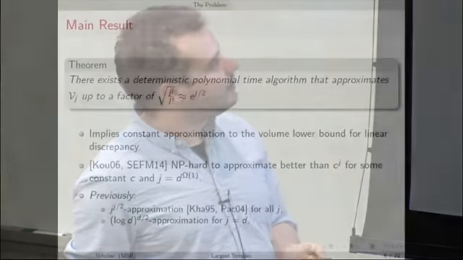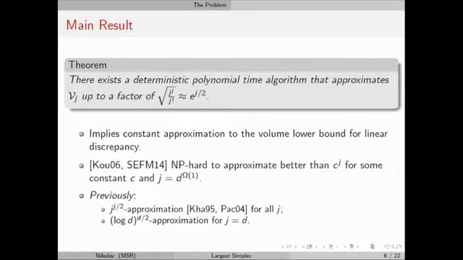Okay, so let me move to the main result, unless there are more questions. Here's what I prove in this work and what I'll talk to you about. I'll show that there exists a deterministic polynomial time algorithm that approximates the volume of the largest j-dimensional simplex up to a factor which, the analysis exactly gives, is the square root of j to the j over j factorial.